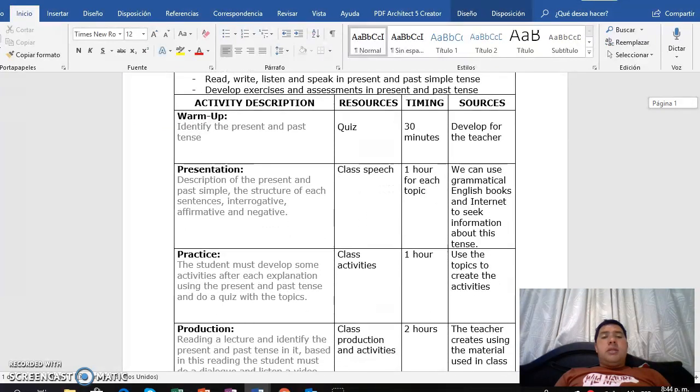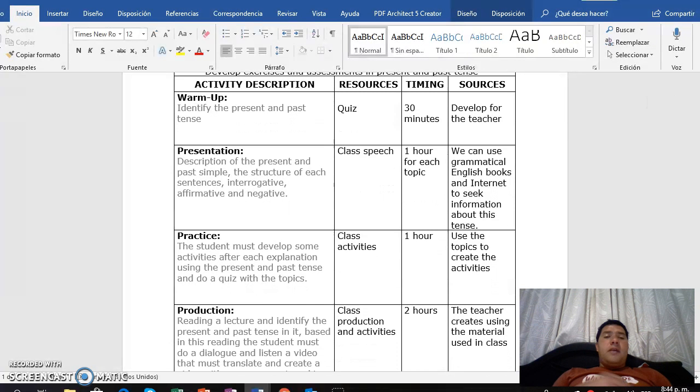In the activity description, we identify the present and past tense. To begin to develop our class, we're going to begin with a quiz to identify the students that have some strengths or weaknesses about the present or the past tense.